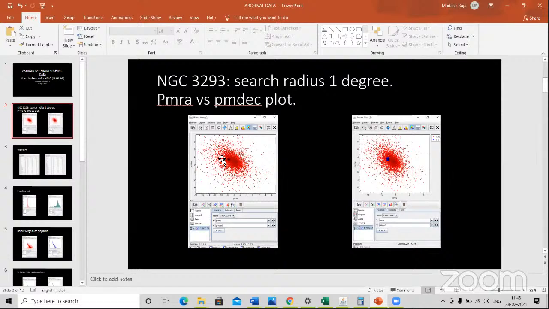This is the PMRA versus PMDEC plot, and this is the cut blob. Basically, we're trying to filter out the members, because there may be some stars which have the same velocity but are not members. We're doing this filter just to reduce the number of stars so that we can get a good number of members. So this is the plot.